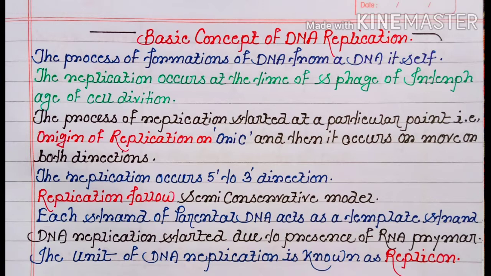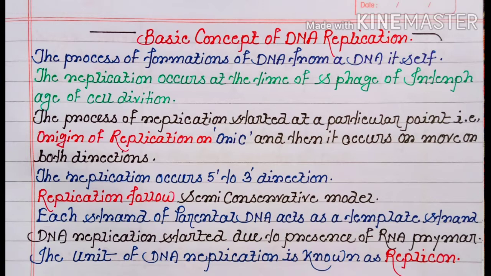Third, the process of replication starts at a particular point, the origin of replication or ORI C, and then moves in both directions. The replication occurs in the 5' to 3' direction.